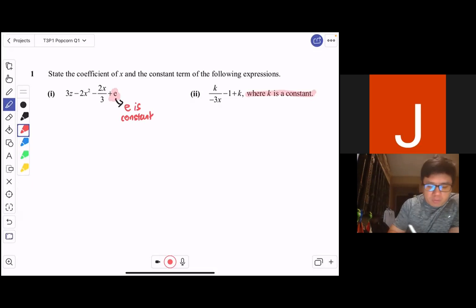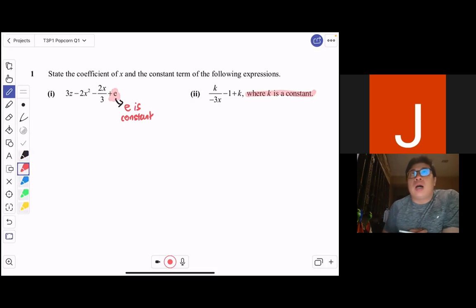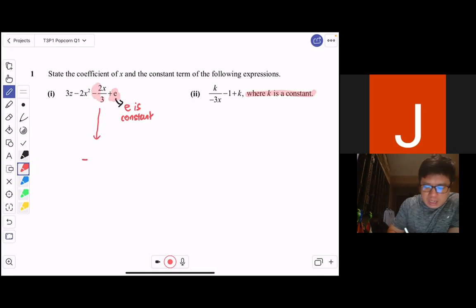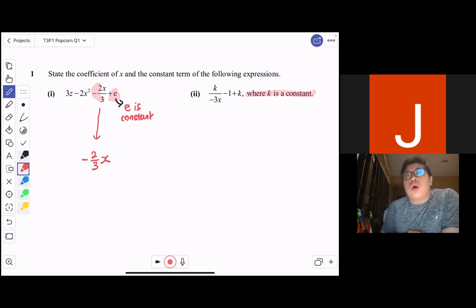Okay, so for part 1, if you look at the coefficient of x, the coefficient of x is basically over here, which is negative 2 over 3. Why we say that is because this can be seen as negative 2 over 3 multiplied to x. So take note that when we talk about coefficients, we also include the sign that comes with it.